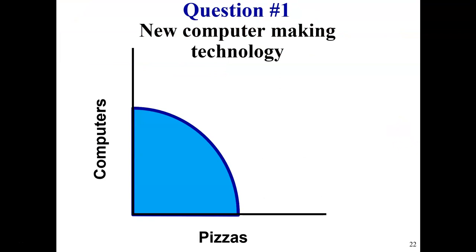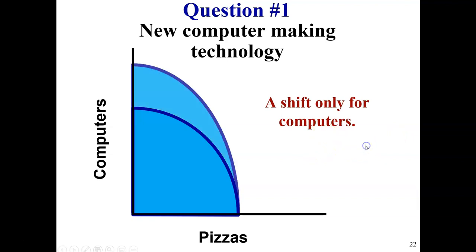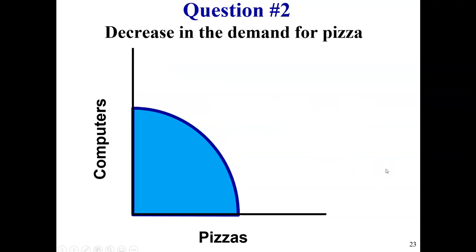So the first one, if you have new computer making technology, how is that going to affect the PPC? It's only going to affect the production of computers. So only the curve is going to shift outwards on this part of the graph, showing that there are more resources available now to produce computers.